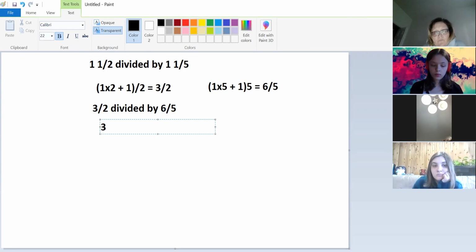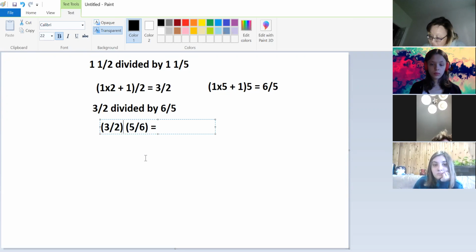So we're going to say 3 over 2 times 5 over 6. Right? I just flipped, right? Now I'm multiplying. I'll put brackets around this whole thing if that makes sense. When I have these brackets, it means this is multiplying if I don't have a plus or anything here.